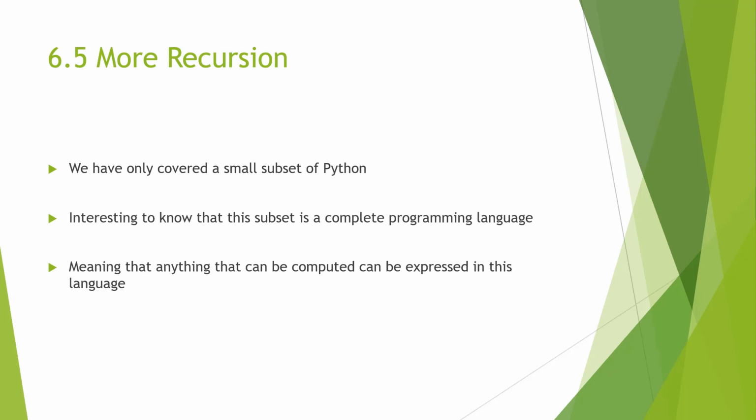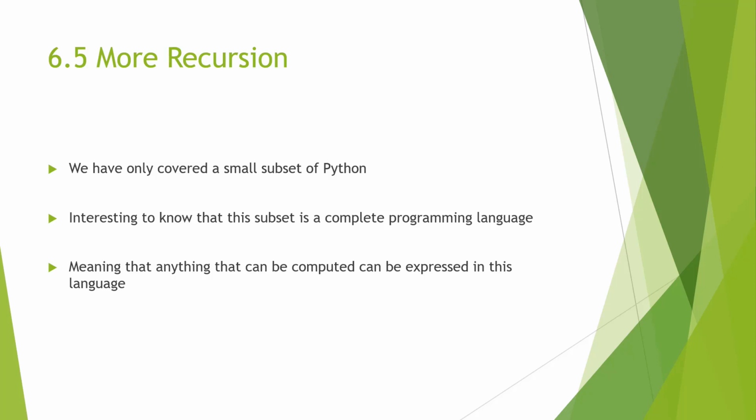With 6.5, we have more additional recursion. We've only covered a very small subset of Python. It's very interesting to know that the subset is a complete programming language, which means this is one of the languages that can pretty much do anything that we can express as written language.